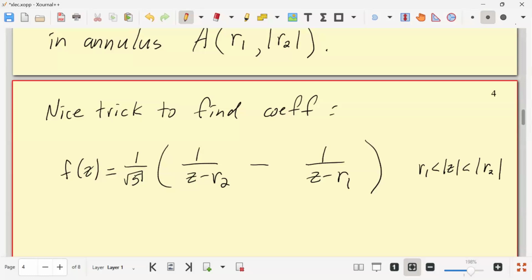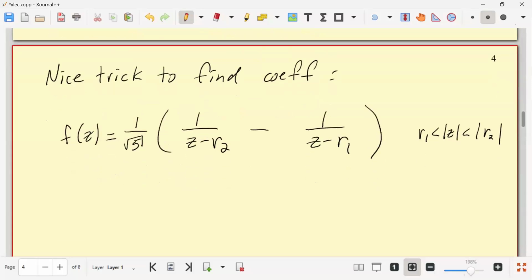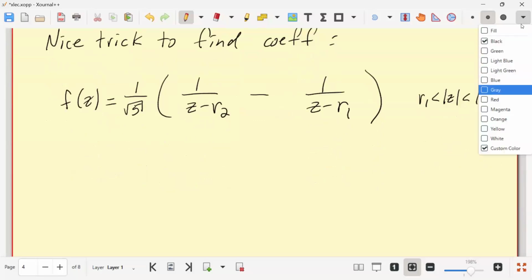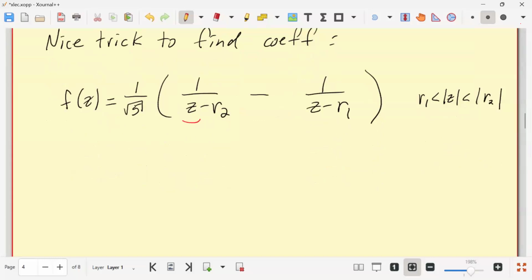Okay, so now, if I want something that's less than 1, think about what I'd have to do. R2 is bigger than the modulus of z right now. So I should multiply 1 over z minus R2, I should multiply the top and the bottom by 1 over R2. No, is that right? No, 1 over z.